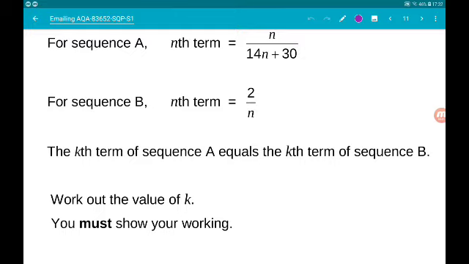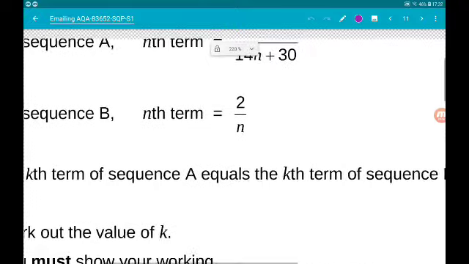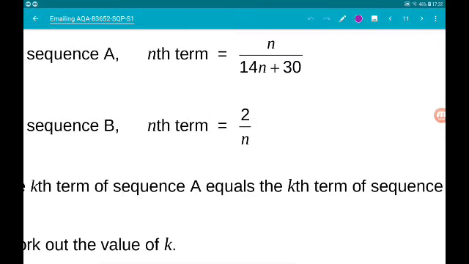We must show our working. So, what this means then is that when n is equal to k, then the term in sequence A is equal to the term in sequence B.